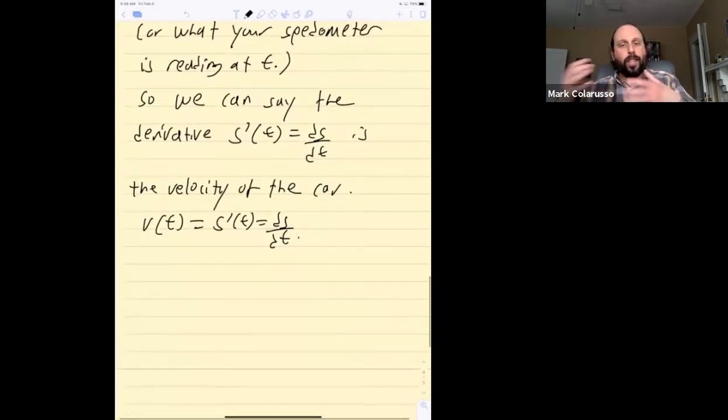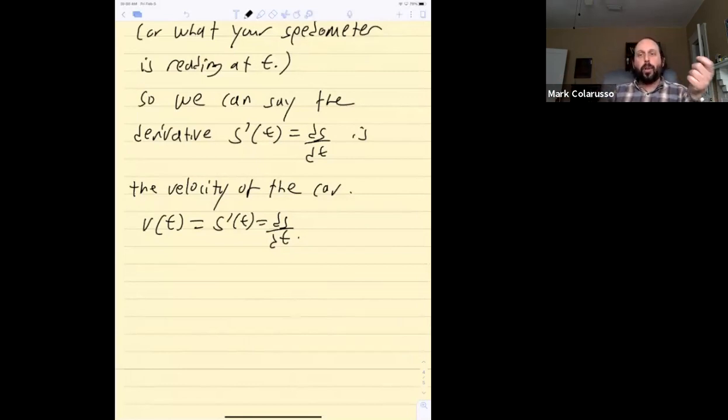Okay, so we've seen this idea of taking derivatives with respect to different independent variables. Here we have time as a variable rather than some abstract x. Now this example is nice because it illustrates what you can keep doing with derivatives. We took the derivative of the position, we got the velocity, right? So velocity is another function.